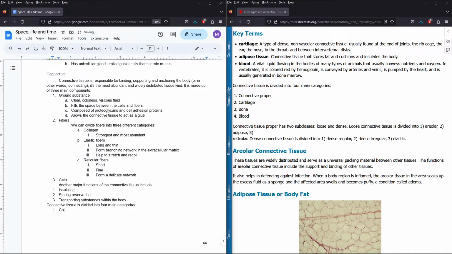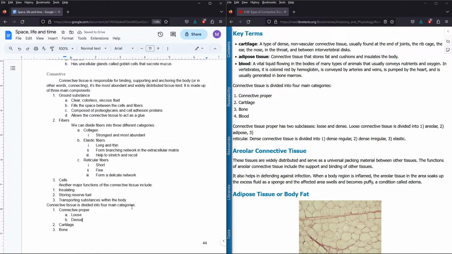Connective tissue proper has two subclasses, loose and dense.